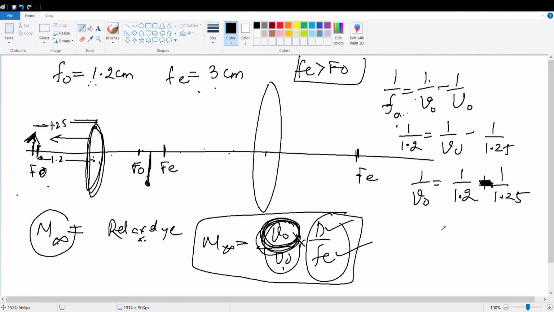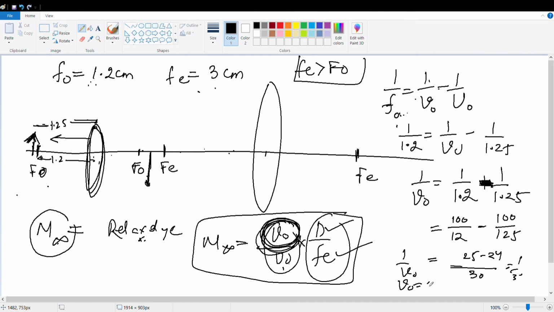If you multiply by 100, this will be 100 by 12 minus 100 by 125. If you take the LCM, you will get 25 minus 24 over 300. So 1 by V naught will be 1 by 30. So your V naught will be 30 centimeter.